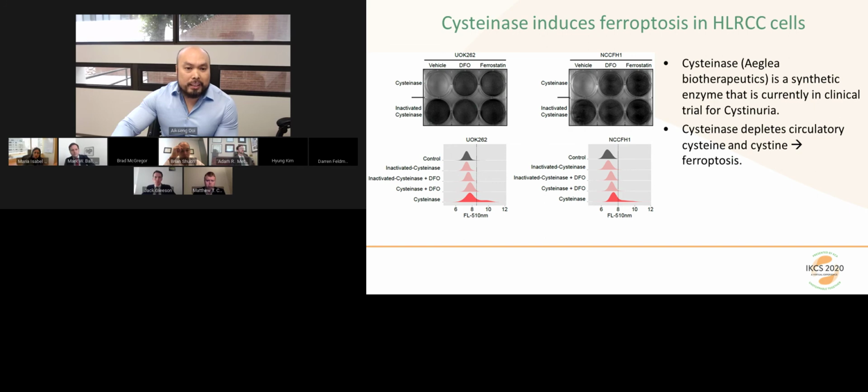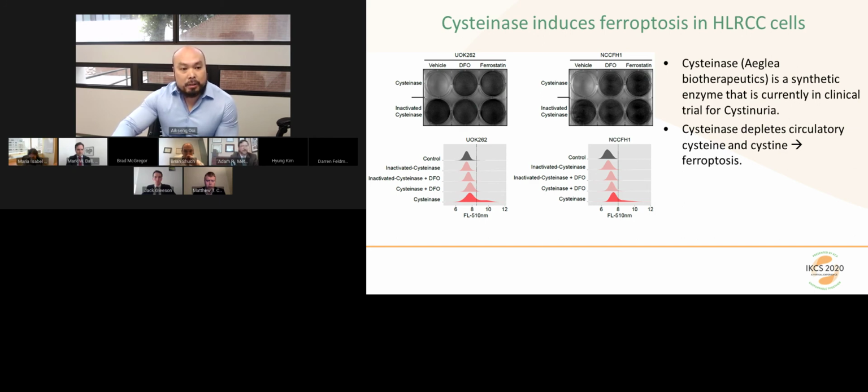What it does is essentially deplete circulatory cysteine and cystine, and this has very minimal side effect because cysteine is not an essential amino acid, and the cell can normally synthesize cysteine from methionine through the transsulfuration pathway. But in HLRCC cell, the transsulfuration pathway is not efficient enough to synthesize enough cysteine.